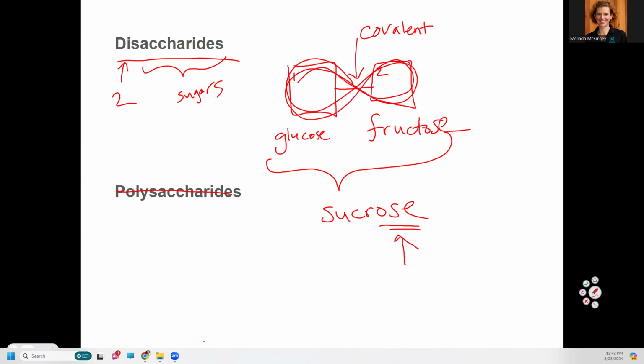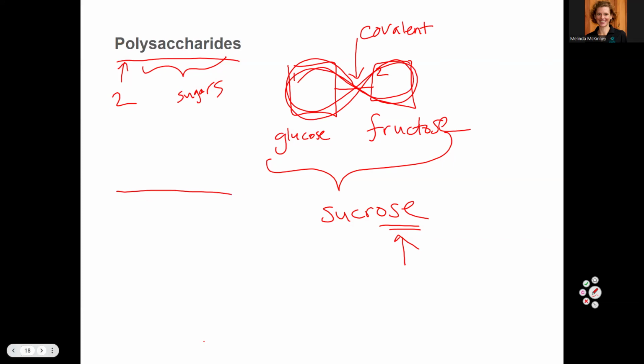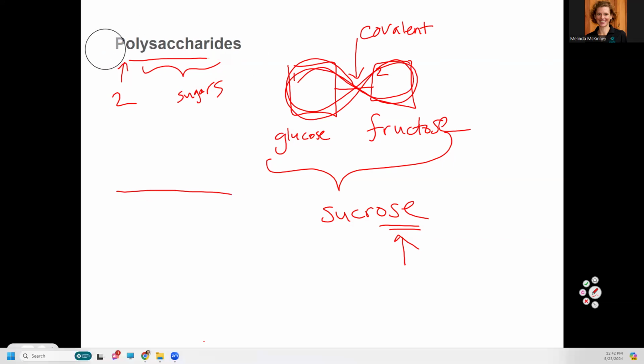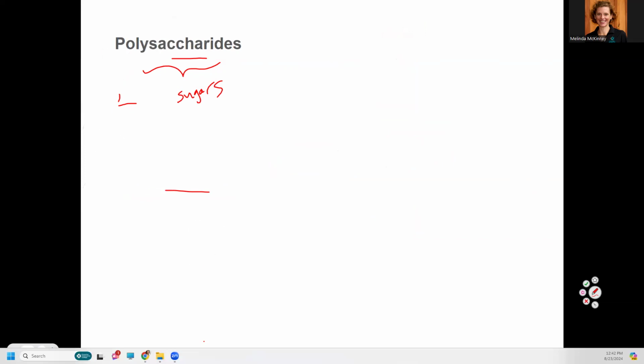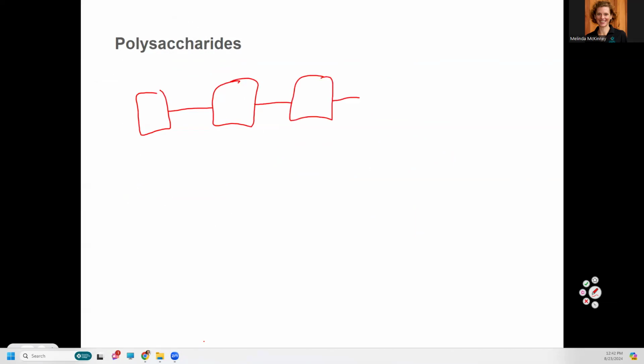All right, the next type of carbohydrate is a polysaccharide. Poly means many. So we've got multiple monosaccharides put together. This is our polymer. I've got lots and lots of these monosaccharides together with covalent bonds.